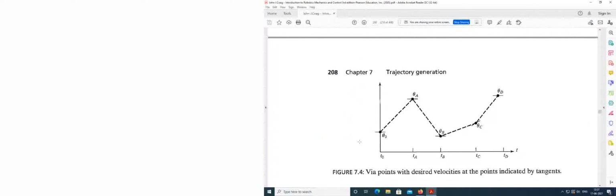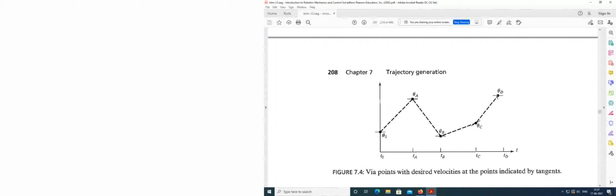Initially at this point we know the initial position, which is theta naught, and the initial velocity, theta dot, which is 0. The final position is theta d, and the final velocity is 0.